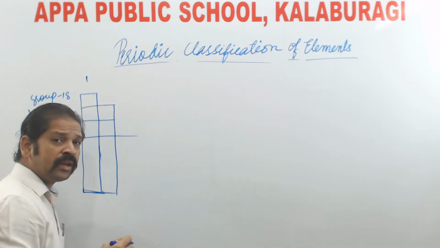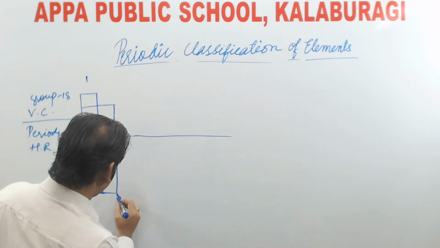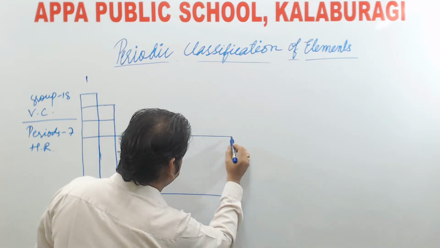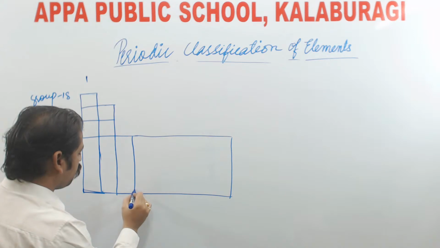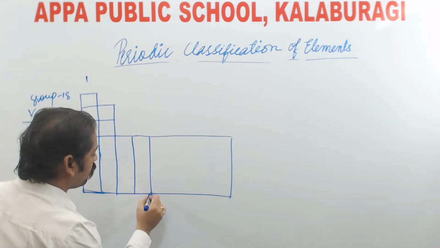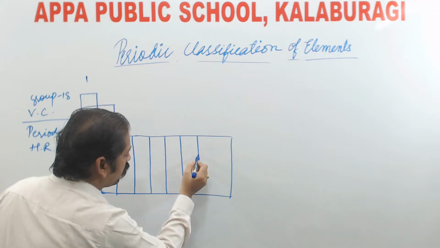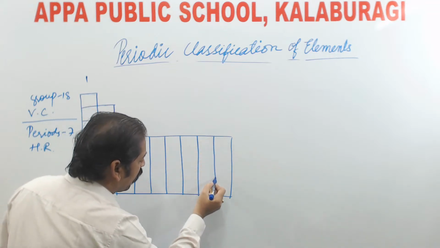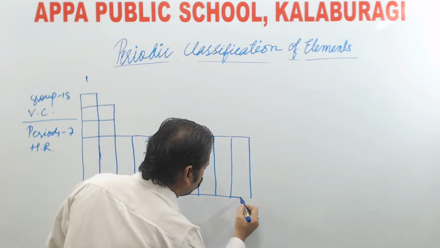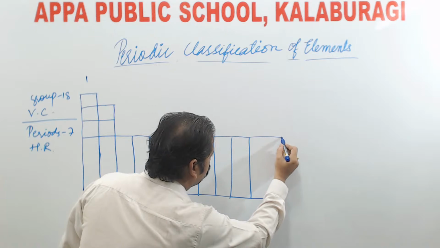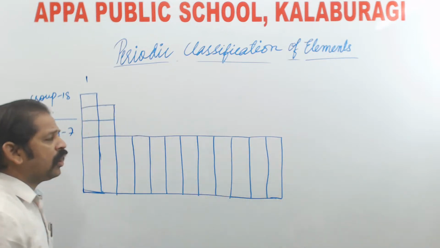Now we are going into the third group. Third group, fourth group, fifth group, sixth group, seventh group, eighth group, ninth group, and 10, 11, 12 group.